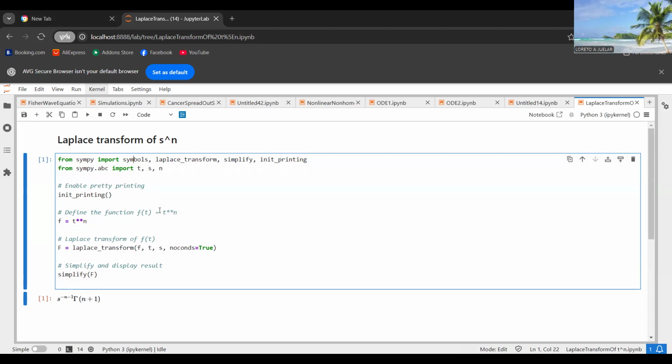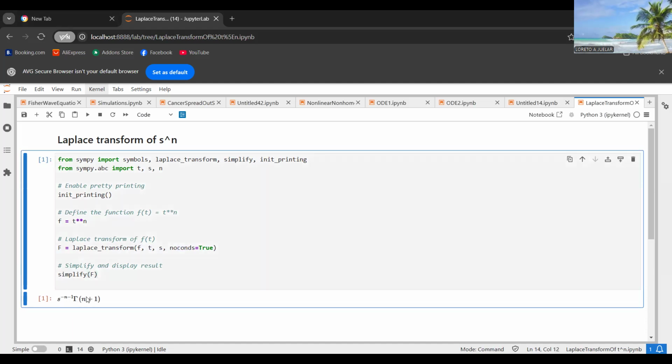Define the function, t raised to the n. Then the Laplace transform of f, t, s, with no condition equal to true. Then we simplify the result, and we have this Laplace transform.